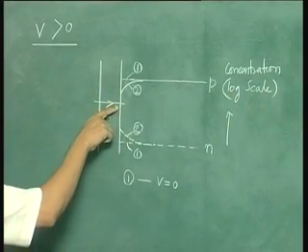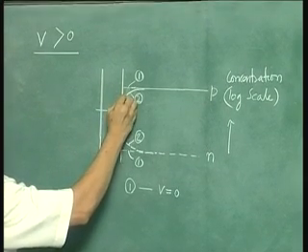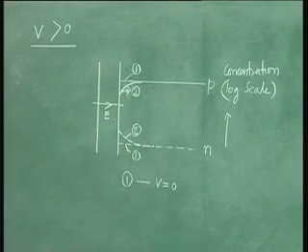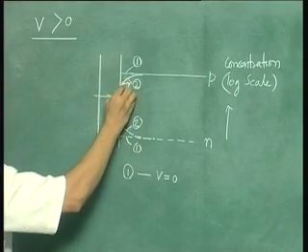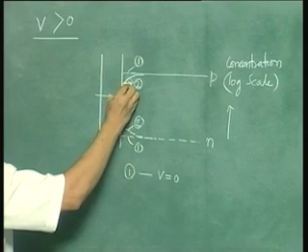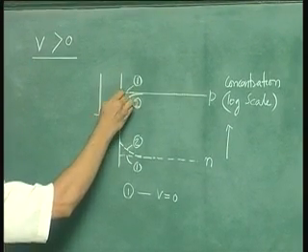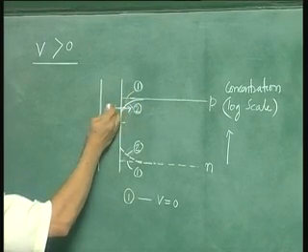Now again, arguing as we had done for the accumulation case, this electric field drives the holes away. So this is the drift current in this direction, and this drift current is balanced by a diffusion tendency in this direction, because holes are more on this side than on the left, so they tend to diffuse.